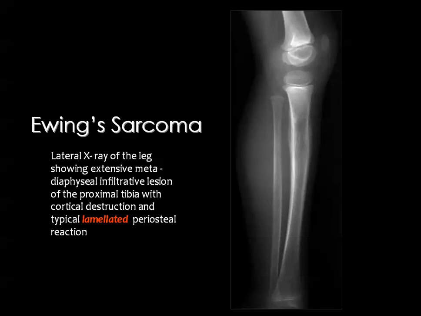One of the features of Ewing sarcoma is the periosteal reaction, which is lamellated. And you remember, the periosteal reaction of osteomyelitis is candle wax, similar to the candle wax, but this is lamellated onion peel periosteal reaction.